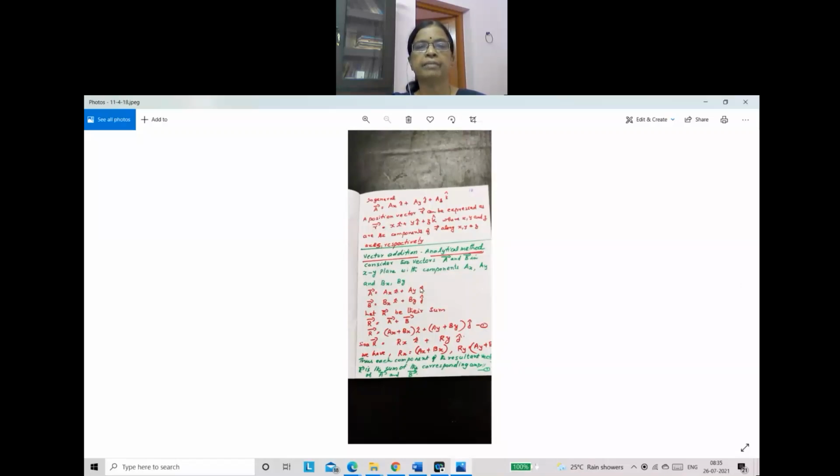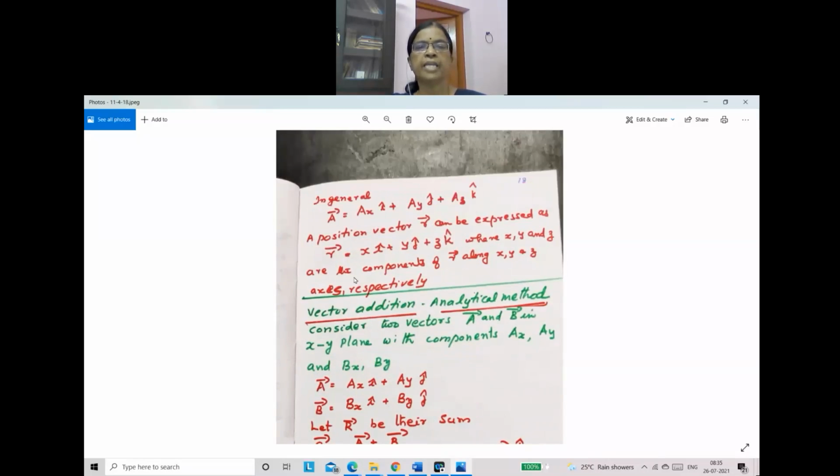Any vector can be represented in terms of i, j and k. For example, when you study 3-dimensional motion, we should have the 3 coordinates x, y and z, because all the 3 coordinates change with time. But in our chapter, only 2 dimensions are needed. Just for knowing, you will study all the 3 components in maths. Generally, vector A equals Ax i cap plus Ay j cap plus Az k cap.